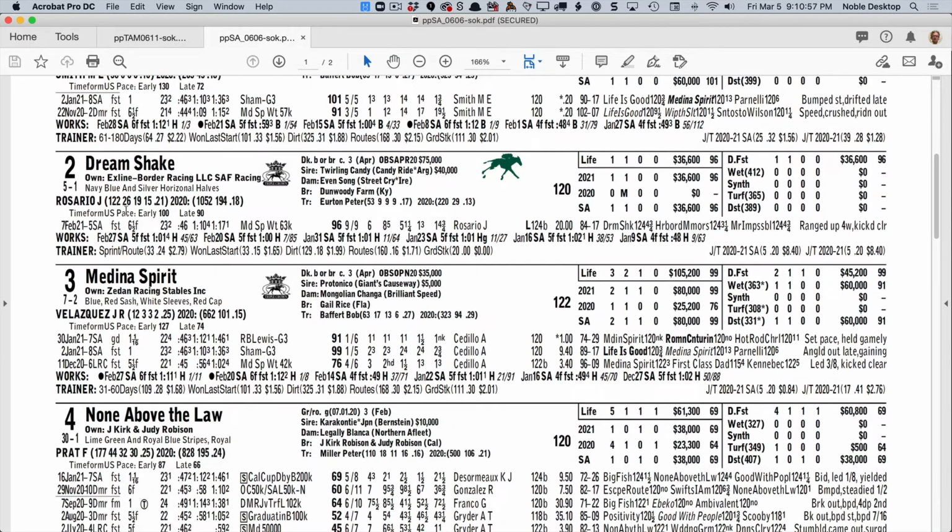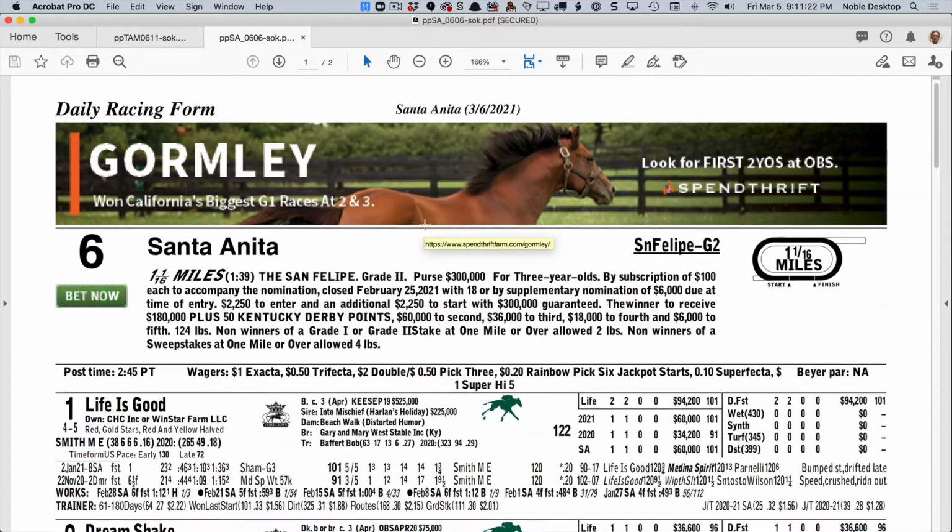Now, Dream Shake ran a 96 in his first win, which was a win by 4 3/4 lengths. The only thing is, that first race was 6.5 furlongs on February 7th. So 4 weeks after that big number, he's all of a sudden going to go sprint to route, in a grade 2 race.